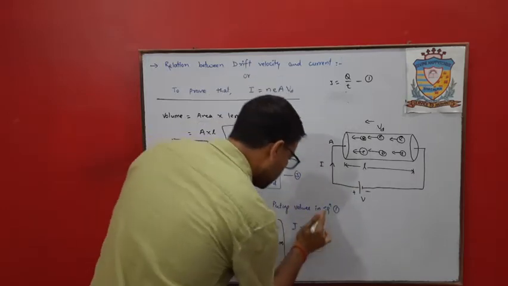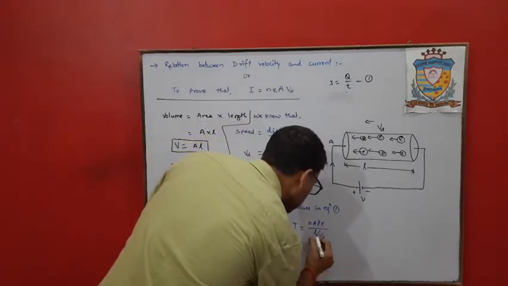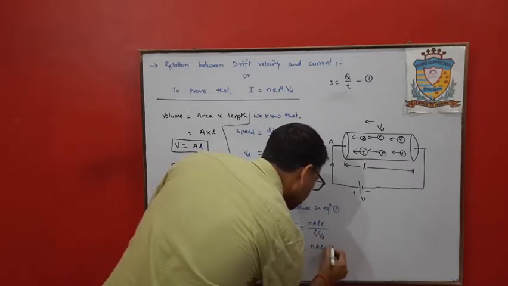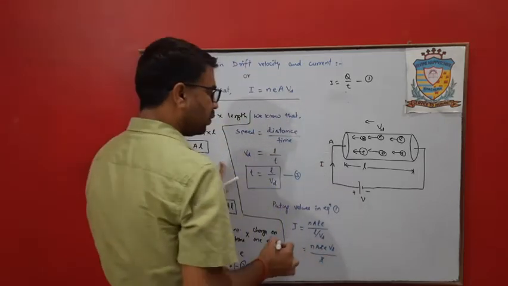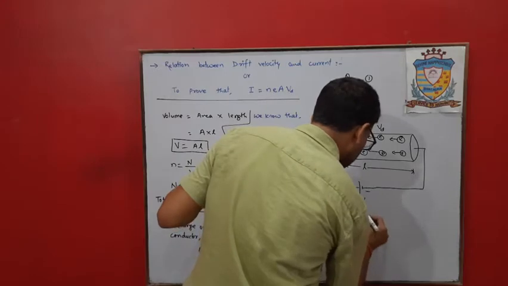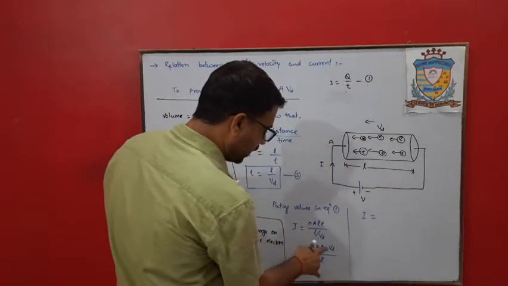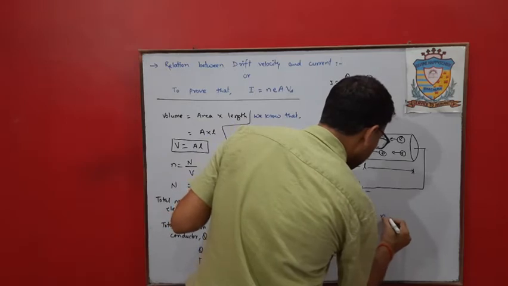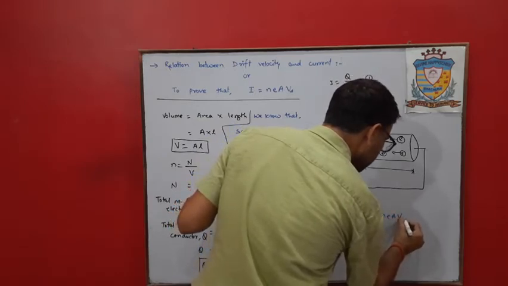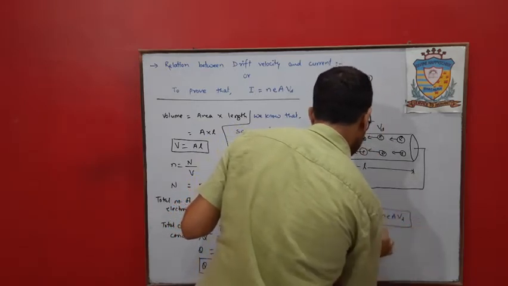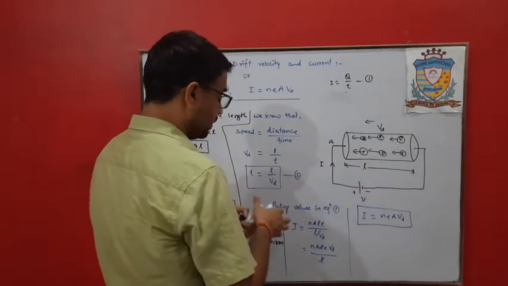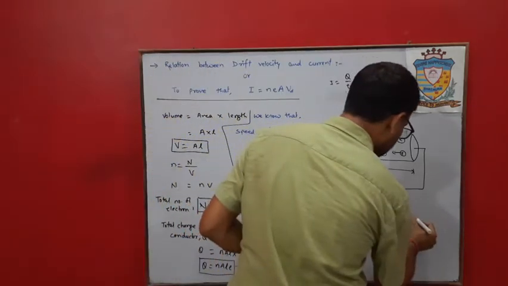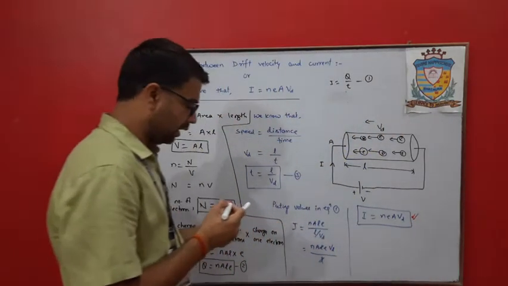Vd will move upward, so we have N a L e Vd upon L. The two L's cancel out. Now we have I is equal to N e A Vd.